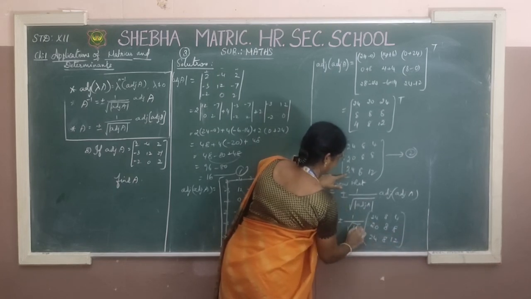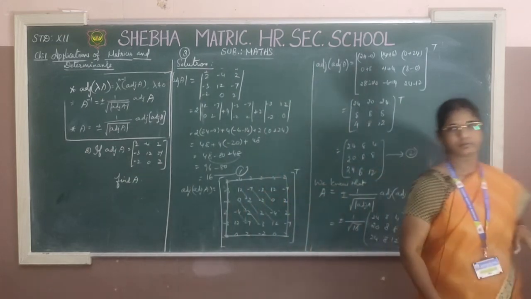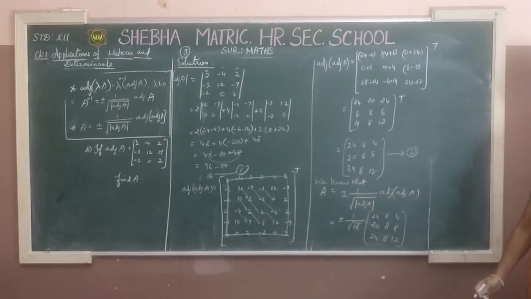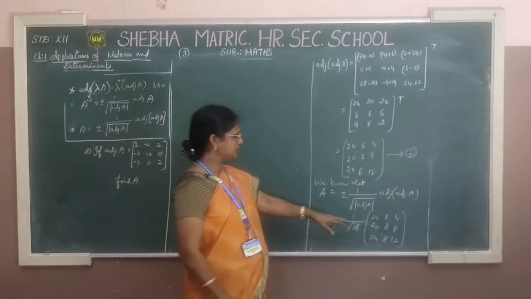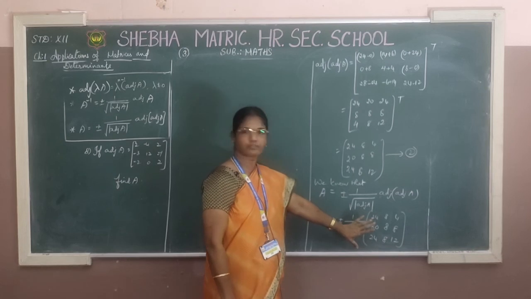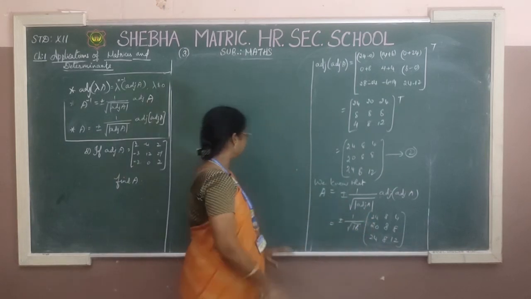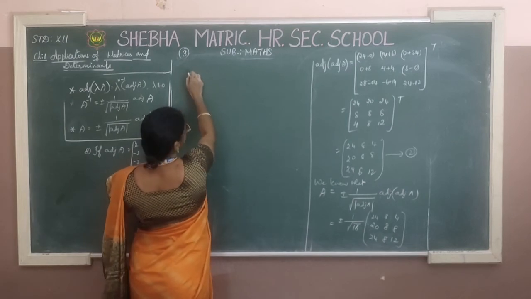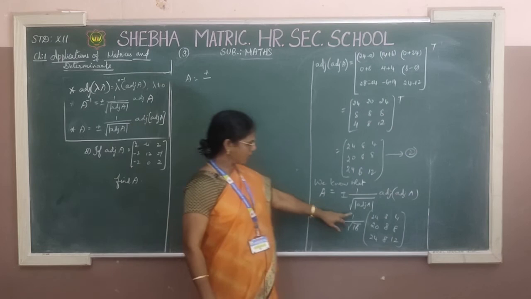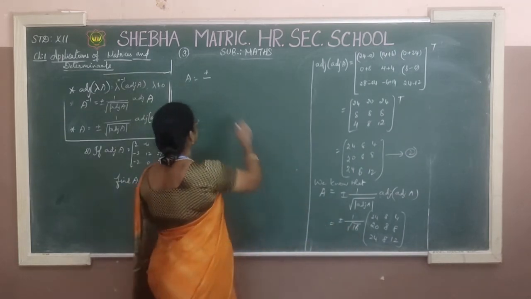Understood this? Next, first copy this. Next, consider all the elements inside the matrix. All are multiples of 4, isn't it? So we can take 4 as common. We get plus or minus 1 by root of 16. What is the value of root 16? Root 16 is 4.